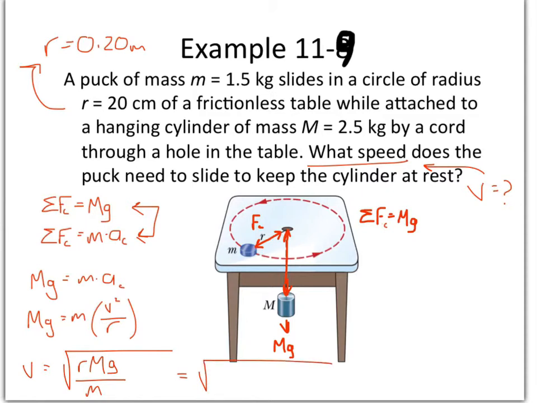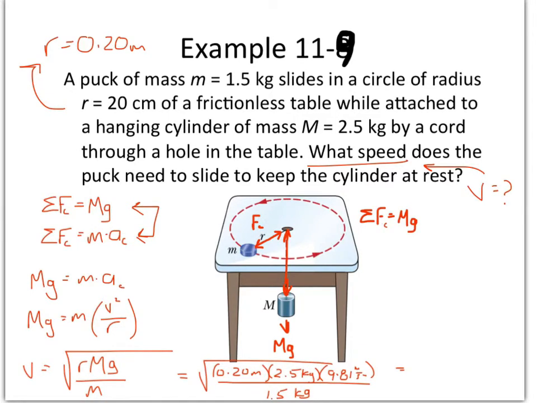What's our radius? 0.20 meters times our big mass, 2.5 kilograms, times g, we all know that, 9.81 meters per second squared, all divided by the small mass, which is 1.5 kilograms. All right, let's get out our calculators and see what we get.